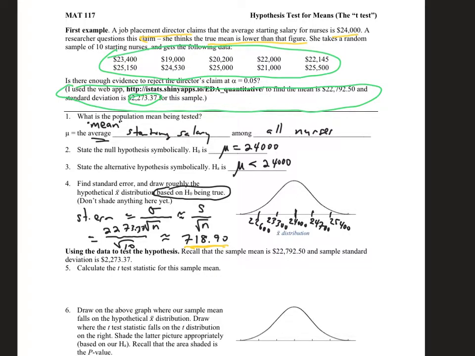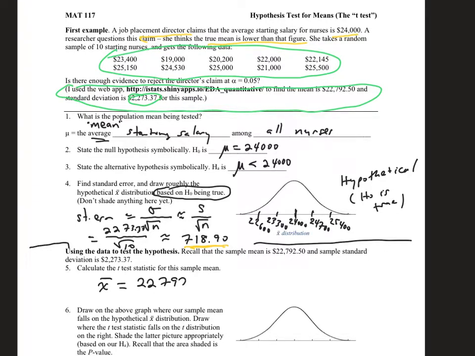So now we're ready to actually use the data that we've collected and see how consistent the data we collected is with this hypothetical picture. So this picture is hypothetical, assuming H0 is true. So the actual sample mean, the X bar that we really collected, was 22,792.50.